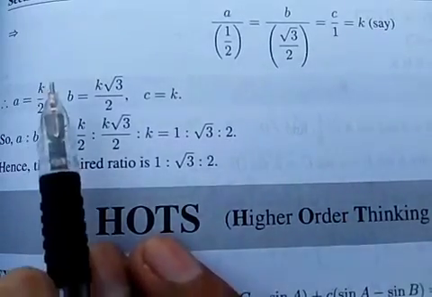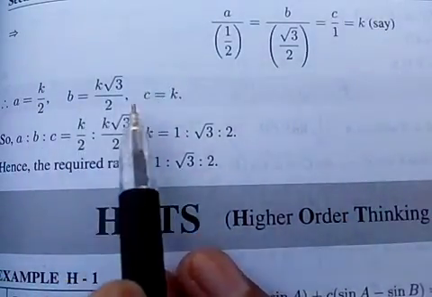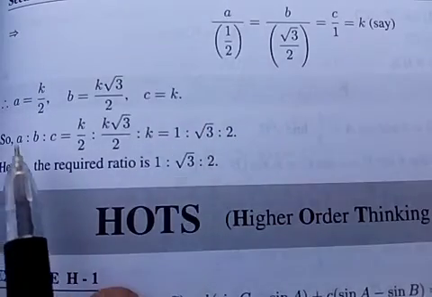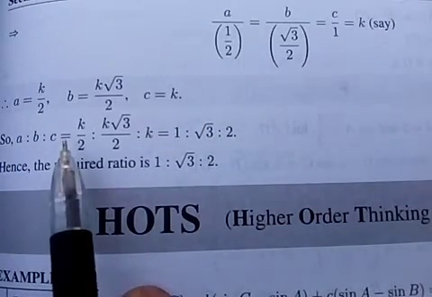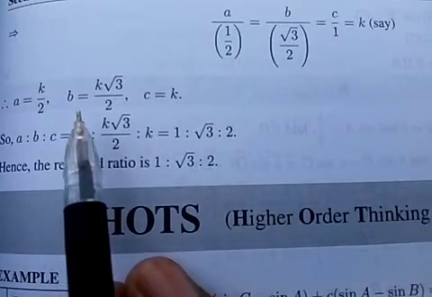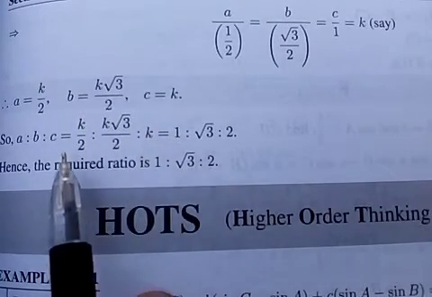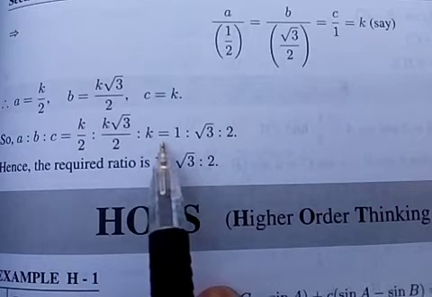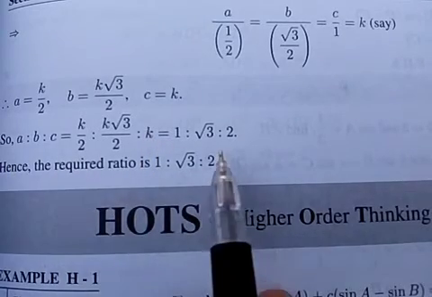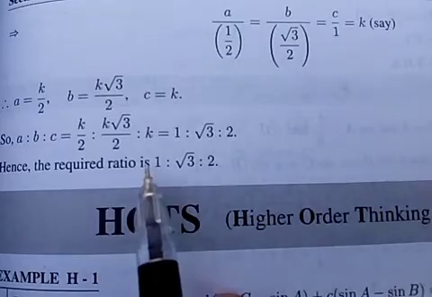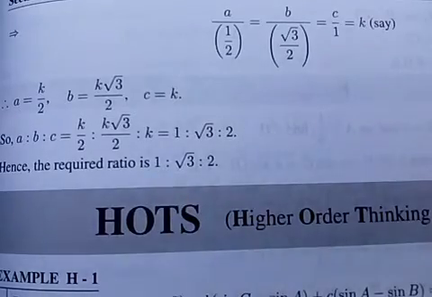Then a equal to k by 2, b equal to k root 3 by 2 and c equal to k. So a:b:c equal to k by 2 : k root 3 by 2 : k. Now we can divide by k to find the ratio of sides a, b, c. Hence the required ratio is 1 : root 3 : 2.